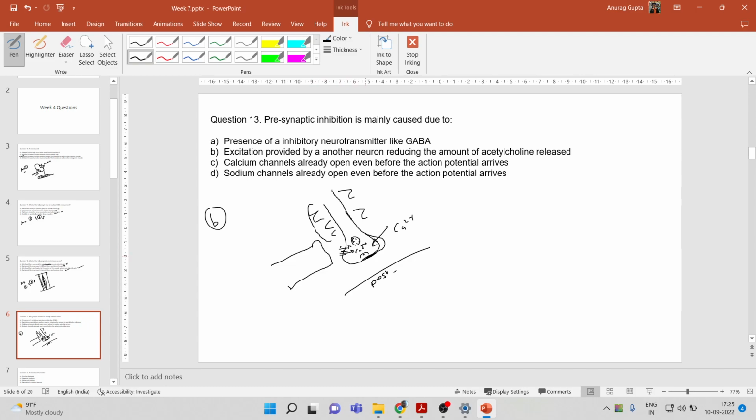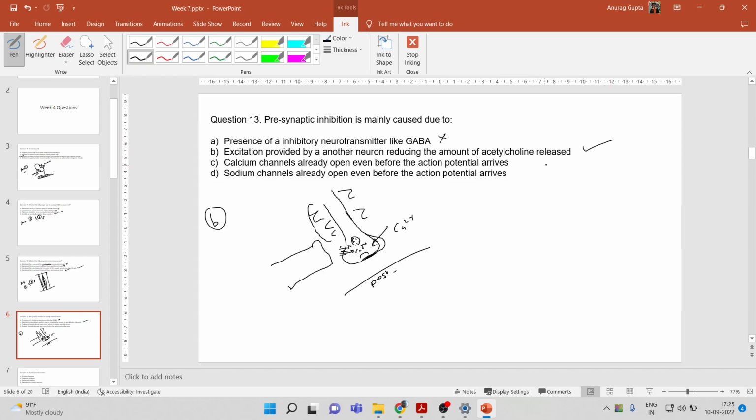So let us go through the options. A, presence of inhibitory neurotransmitters like GABA. No, this is the case for postsynaptic inhibition, where we inhibit using inhibitory neurotransmitters like GABA at the postsynaptic membrane. B, excitation provided by another neuron reducing the amount of acetylcholine release.